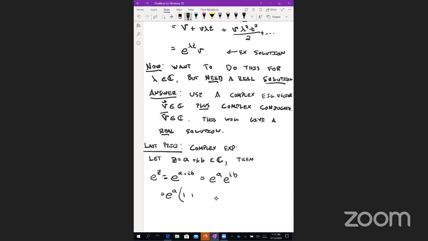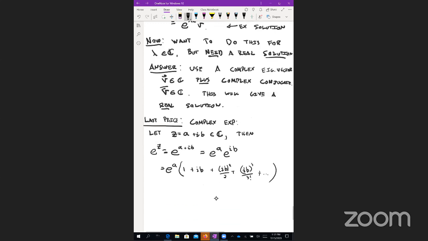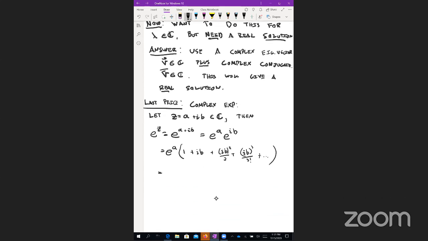So 1 plus ib plus ib squared over 2 plus ib cubed over 3 factorial, etc. What do we get?